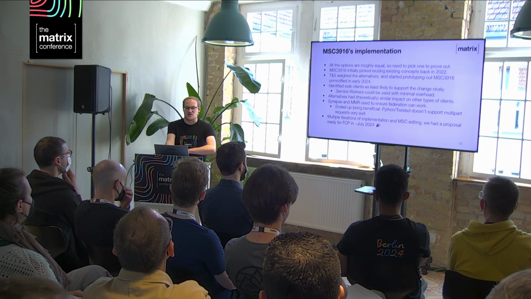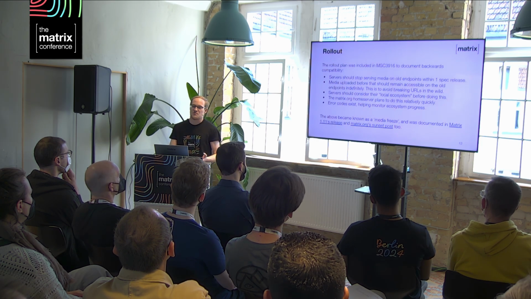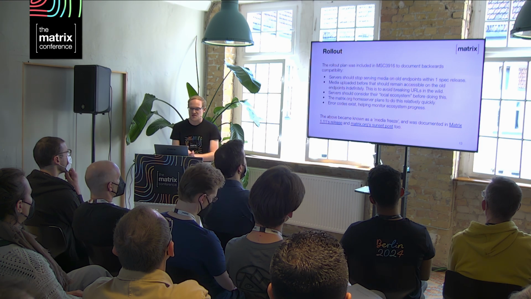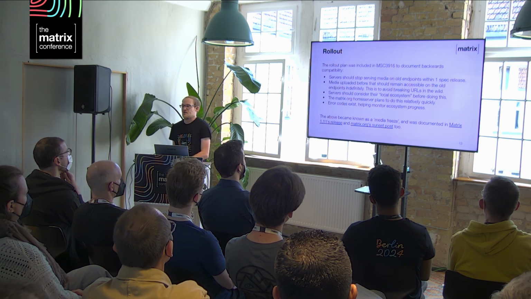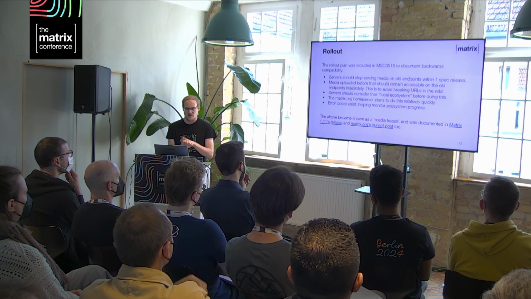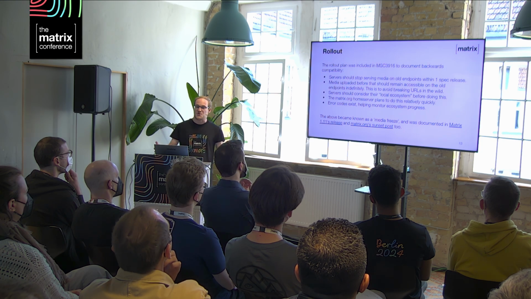Which then brings us into, like, how do we actually get the feature in the hands of users? So we have to consider a rollout plan. MSC 3916 documented this as backwards compatibility. And so we spent quite a bit of time figuring out what this should look like, particularly for such a large feature.